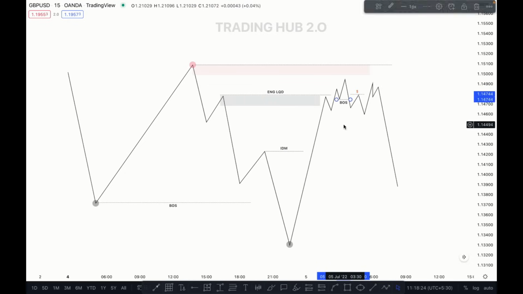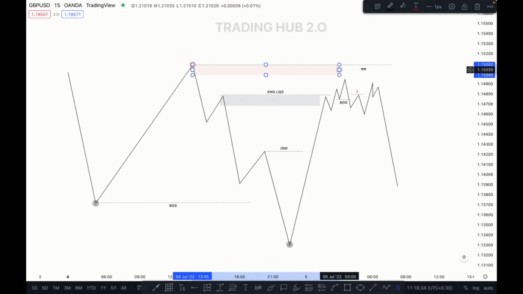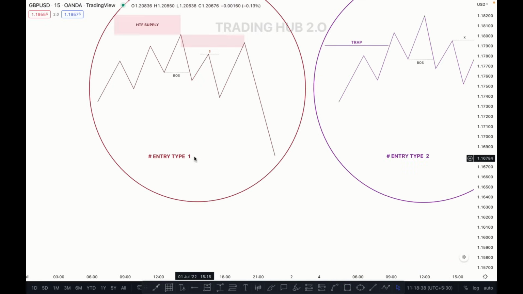Because you know the market took out the engineering liquidity. Our main purpose is taking out the engineering liquidity, not mitigating the zone, correct? If the market mitigates the zone, which is very good, then you have to apply entry type 1, okay, like this. The market took out the minor inducement and we can sell here.